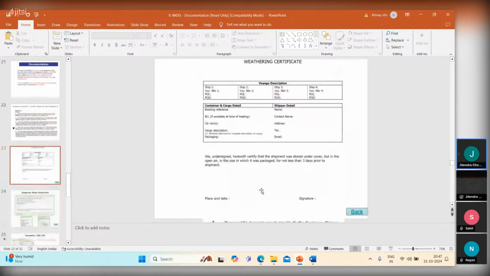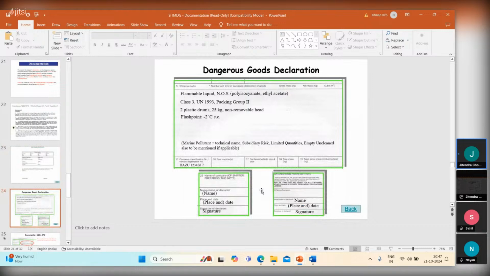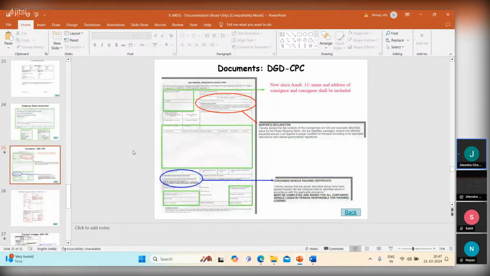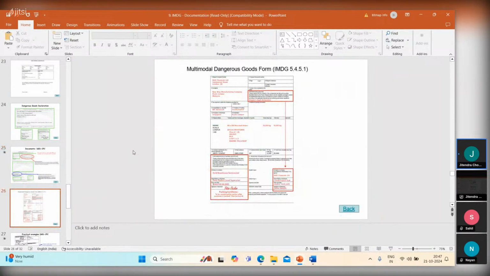These are examples of the dangerous goods declaration or shipper declaration: what type of cargo, flammable liquid, how many drums, quantity. This is the DGD and CPC for containers. The shipper declaration is there.